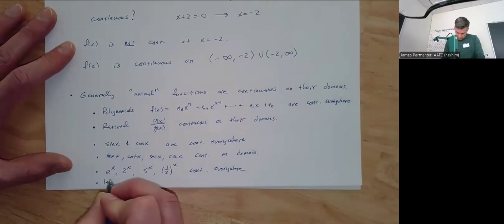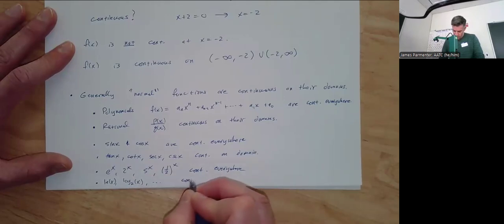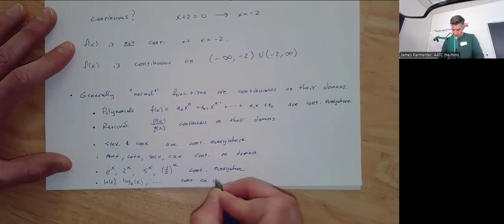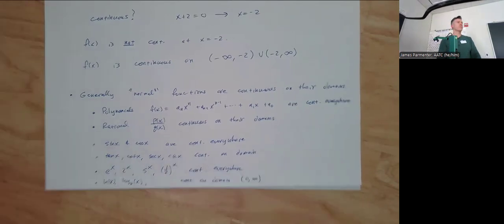The natural log of x or log base 2 of x, etc., continuous on their domains, which specifically for those functions, when it's just x in the argument, is positive numbers. I think that's just about everything.